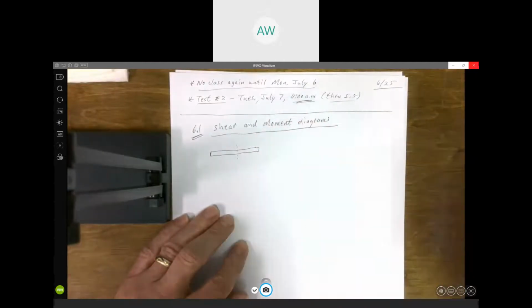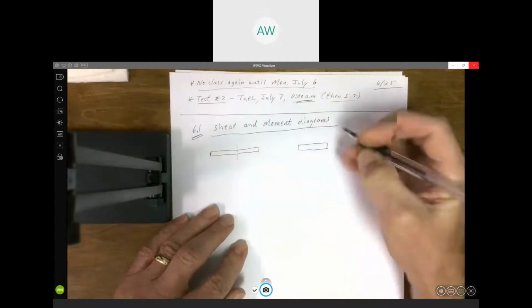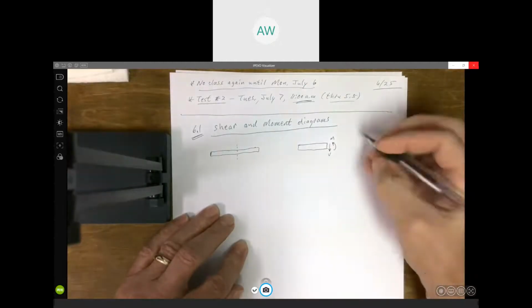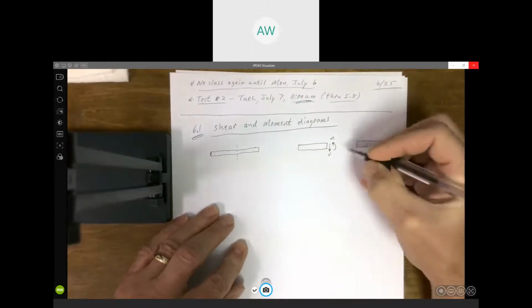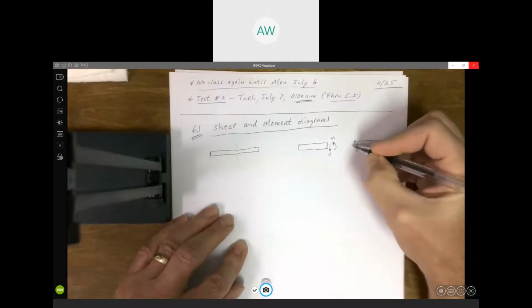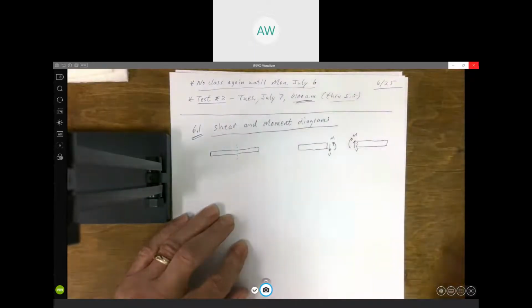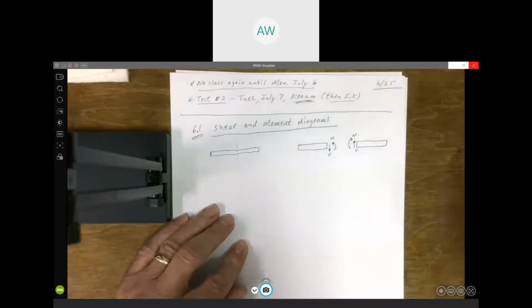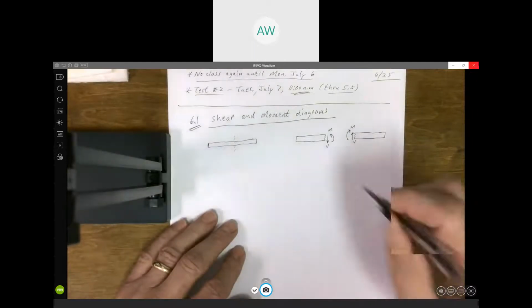If you came out to a particular location and cut that beam, you would see this internal shear force and bending moment acting on that cross section. If you look at the right side of where you cut it, you would see the same shear force and bending moment, same magnitude, opposite direction. Also, keep in mind the way I've drawn this is what we define the positive directions to be.